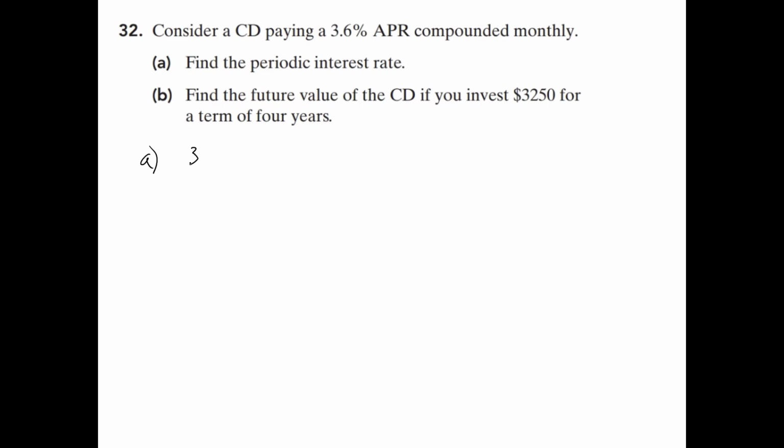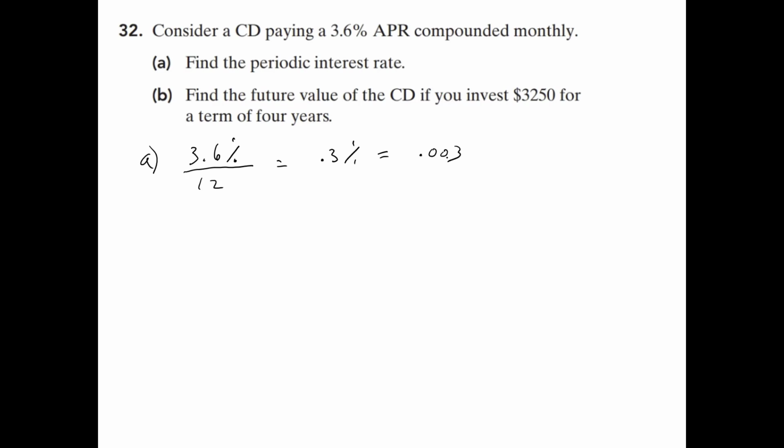You're getting 3.6% for the year, but you're doing this every month, so you're not going to get 3.6% every month, so you just divide that by 12. So when you take the 3.6 divided by 12, you get 0.3%, which can also be rewritten as 0.003 for every month.